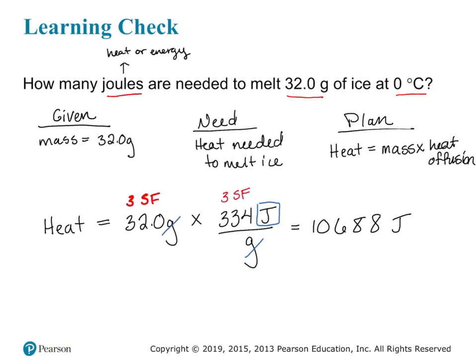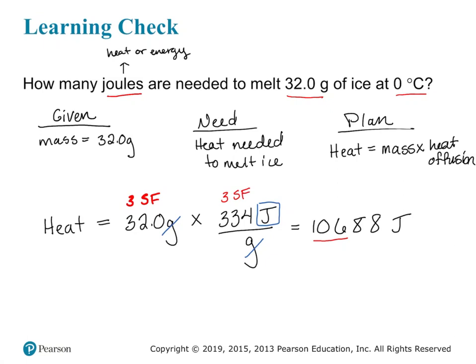That one's easy. They're all non-zero digits. Okay, so that means that since we're multiplying these two numbers, our final answer should also have 3 sig figs. And that 0 there that's underlined, that is in between two non-zero digits, so it is significant.